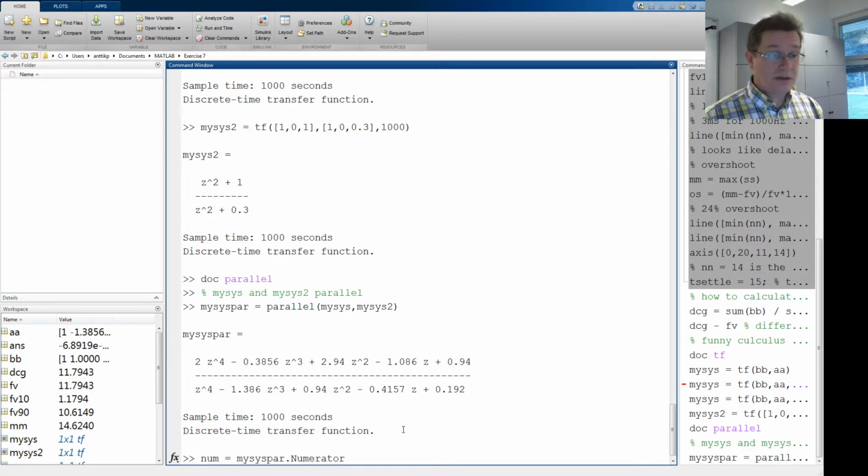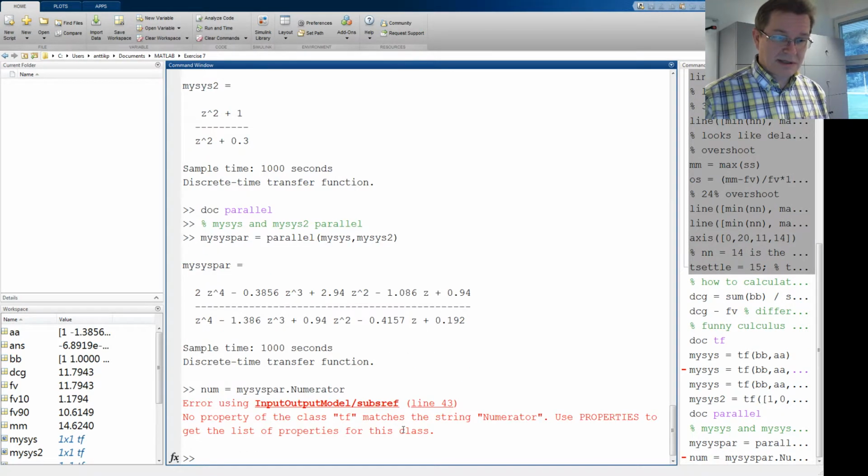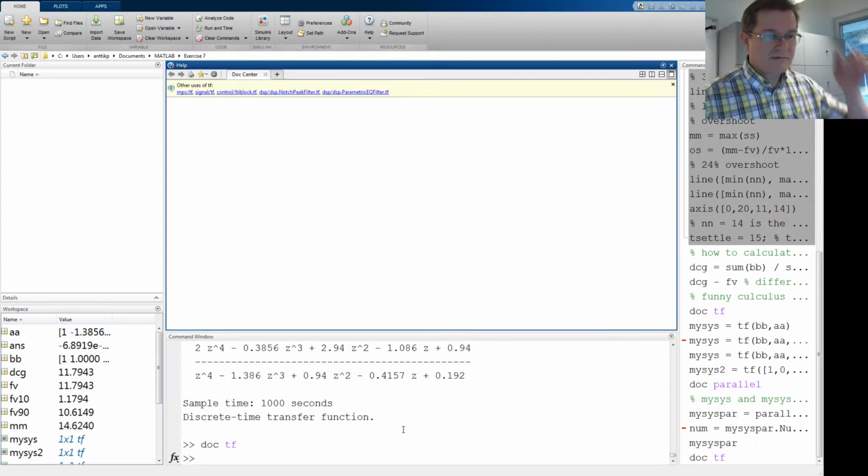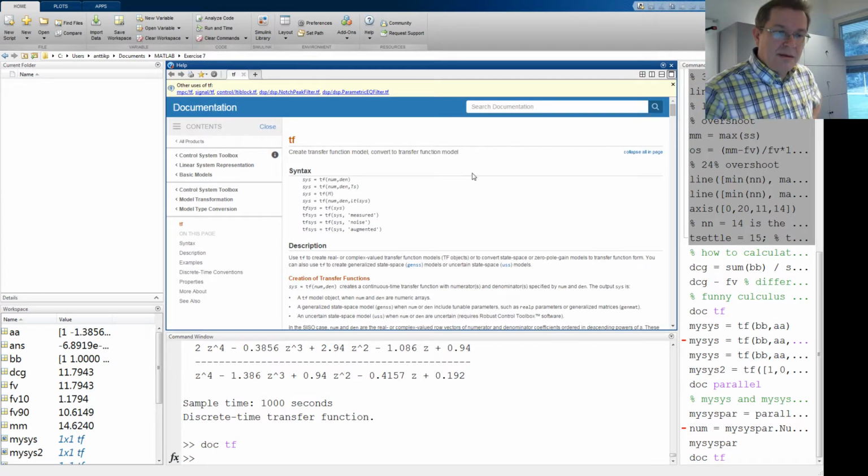And I think I need to also do the cell to value cell. Let's see what happens. No. Let's see. Back to here.